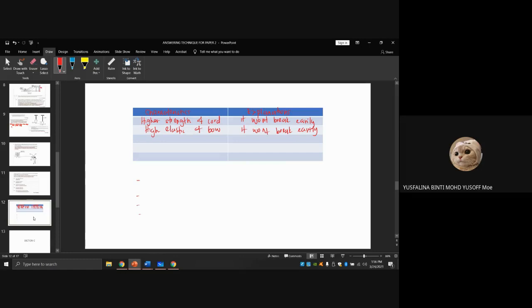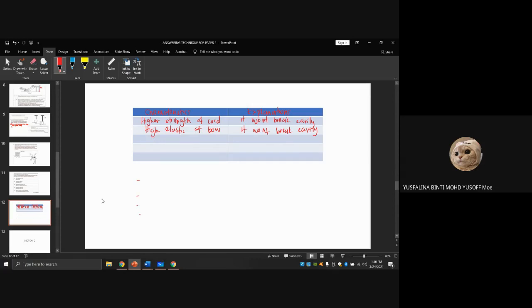To prevent broken, yes, also can. It's the same meaning, but it's considered as another explanation. So the maximum you can use it is only twice.